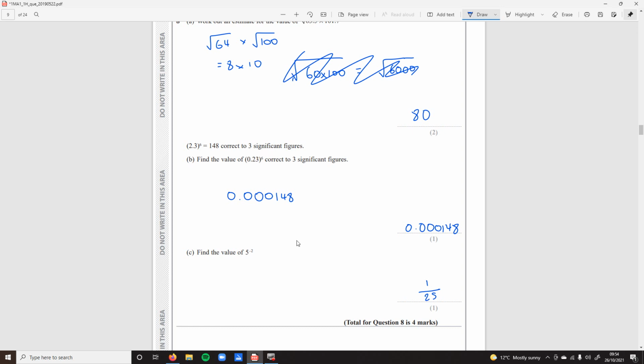So when you have something to the power of minus, you flip it. So 5 to the power of minus 1 is just 1 over 5. So 5 to the power of minus 2 equals 1 over 5 squared, which equals 1 over 25.